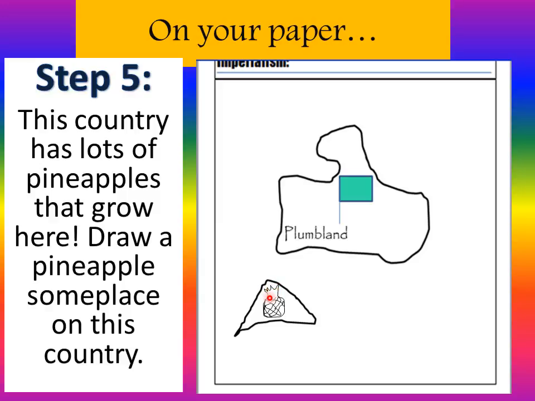Now, if you want to color in your pineapple, or this is yellow and this is green, that's fine, but you don't have to. Just think of SpongeBob's house. He lived in a pineapple under the sea. Okay. Now, before we move on, I want you to think, what does this pineapple represent? What place? And if you said Hawaii, you are correct. So this is the reason that we wanted Hawaii. We wanted their pineapples.